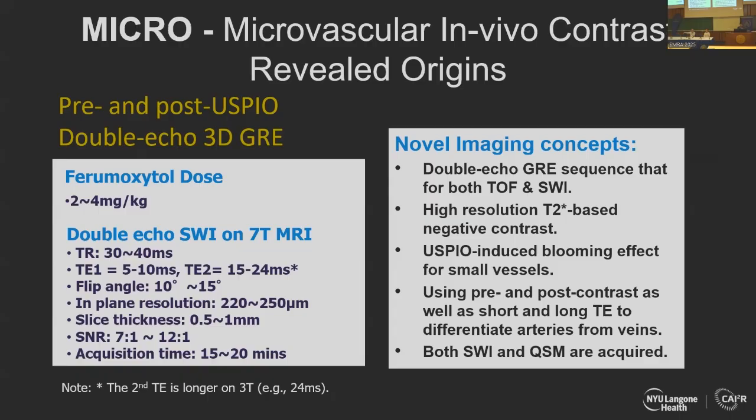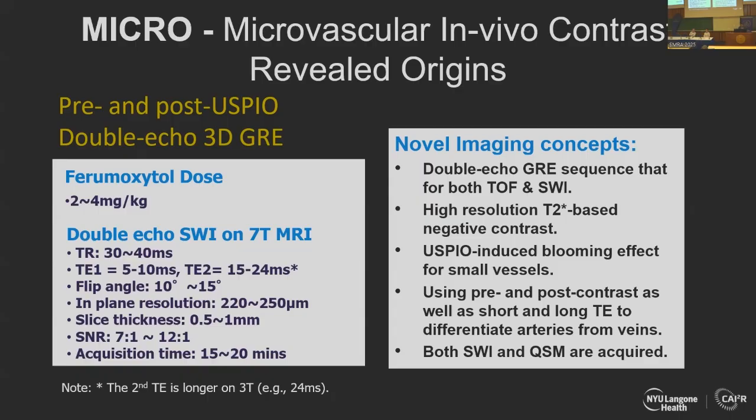We use the T2-based negative contrast, and I'm going to talk more about that later. Also, we know that USPIO is an iron-rich agent that can induce the blooming effect. This is also a key imaging concept.